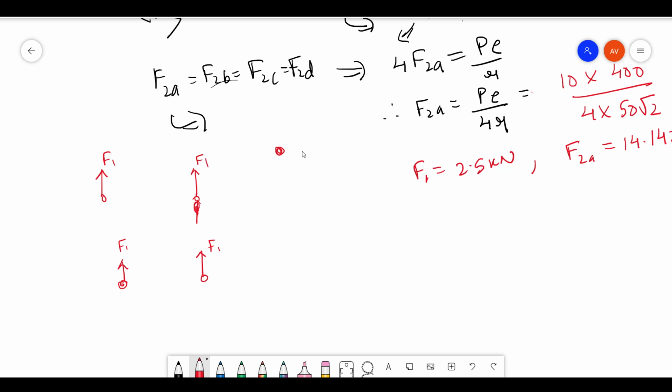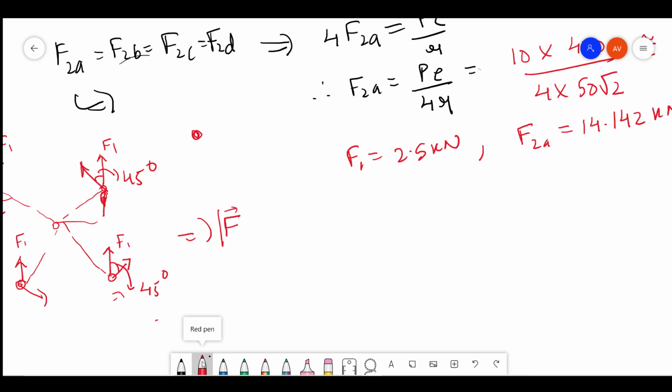Now you have secondary forces. These are all at, if you look at the geometry, 45. Yeah, here the angle will be 45. This you will get from the geometry. So now let me just take this.